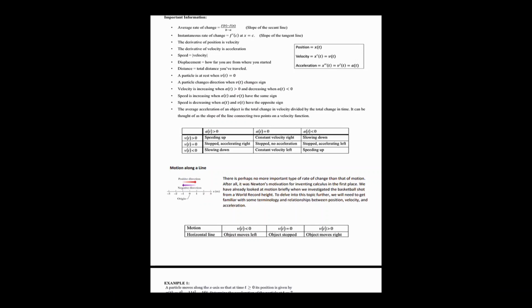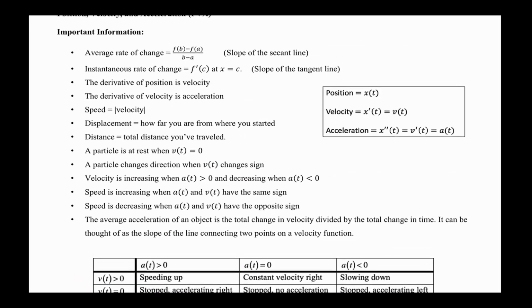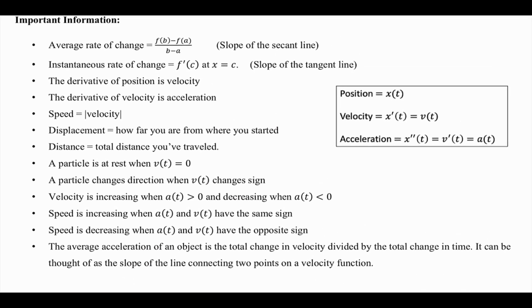Well, this is that version of it, because they're going to ask you these questions. What was the average rate of change? What was the instantaneous rate of change? What was displacement? When was a particle at rest? When did a particle change direction? When was velocity accelerating? And then they're going to bring up this thing called speed.